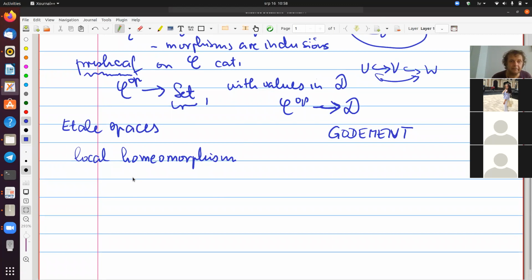If you have π from E to X, E can be B for Étale, but in fact maybe at that time E was for espace, for space. So the total space is E, and the base is X.